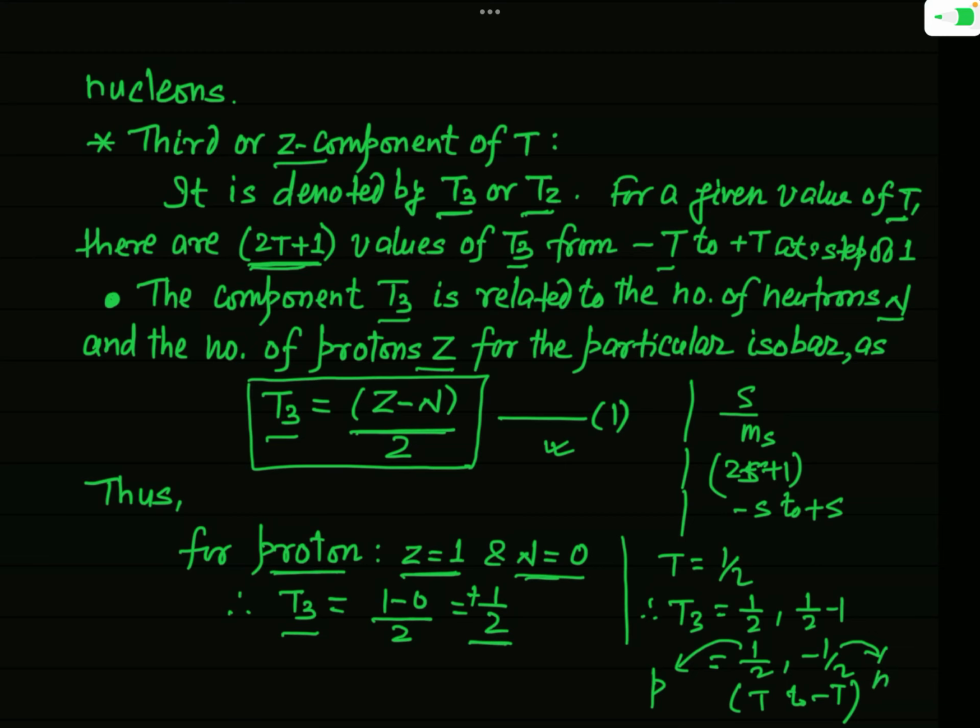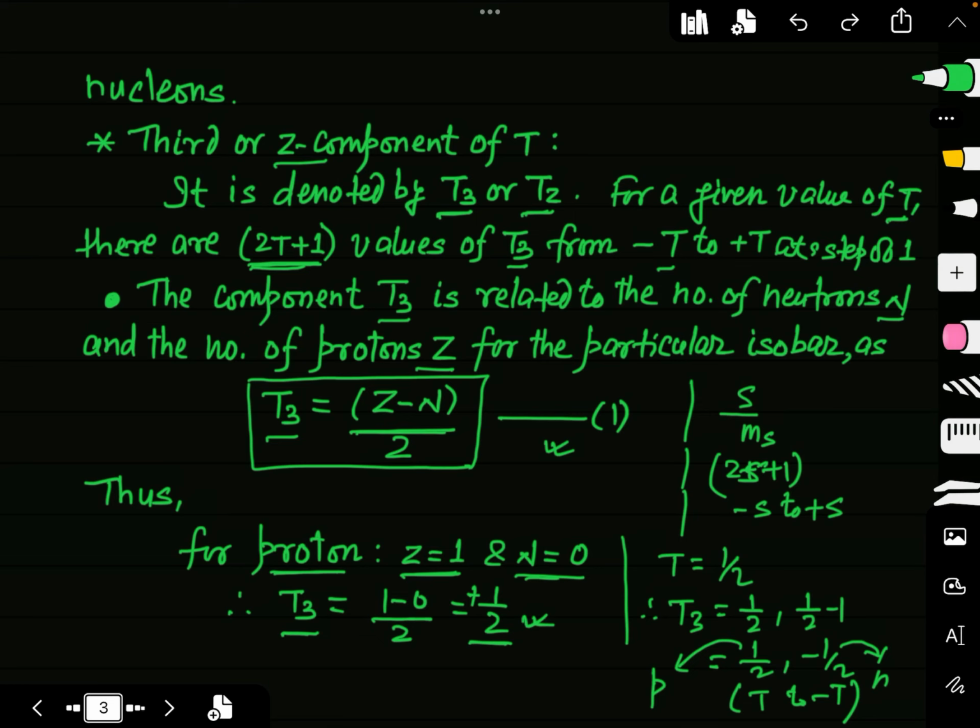So the value of this T3 for proton will be 1 by 2, and for neutron it will be minus 1 by 2. Okay. So you can find the value of T3 by this concept too. And from this formula, it is very easy to find the value of T3 for a proton. You can see this is equal to plus half.